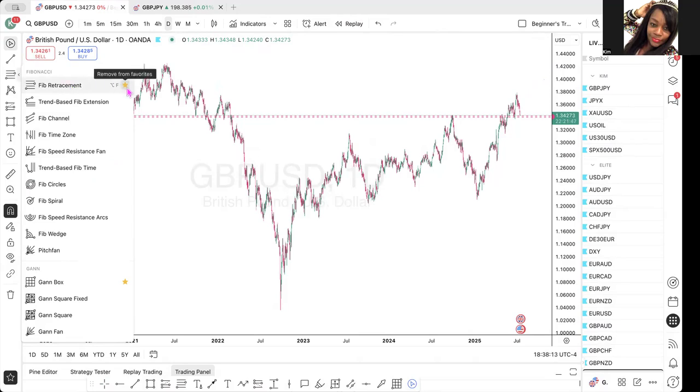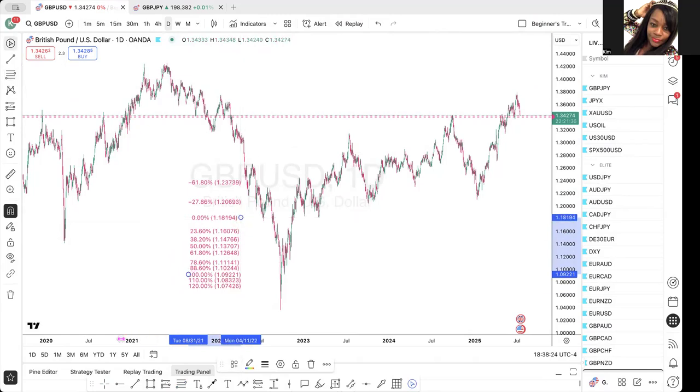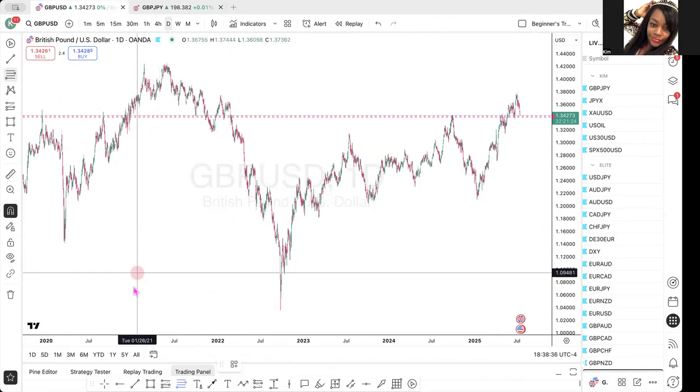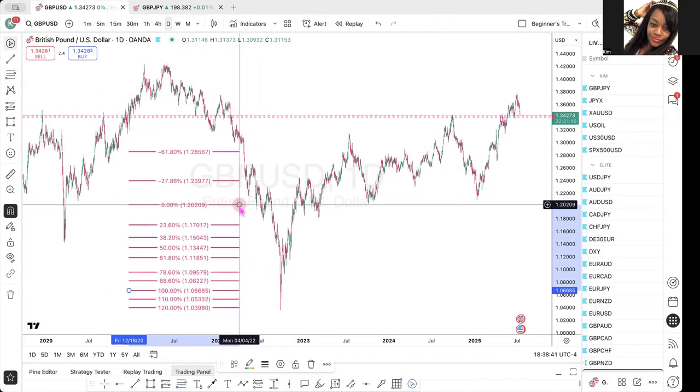If you're going to start using the fib, add it to your favorites so you don't have to keep going back and forth. Once you grab the fib retracement, click on your chart, hold it, and then click it so that it's on your chart.